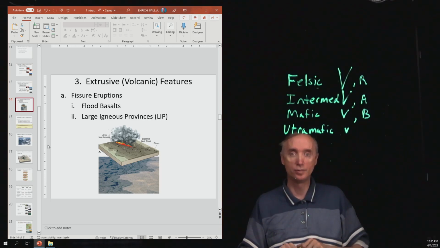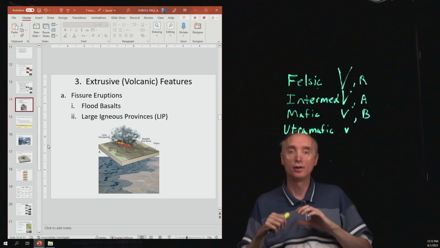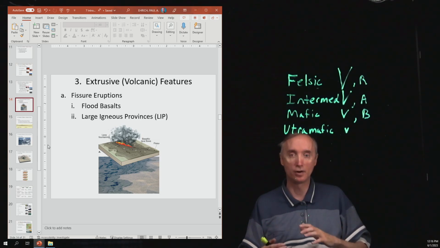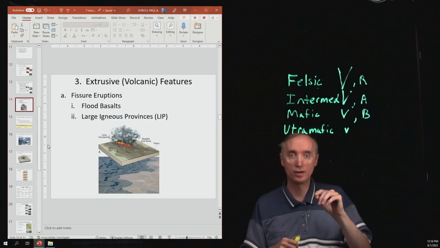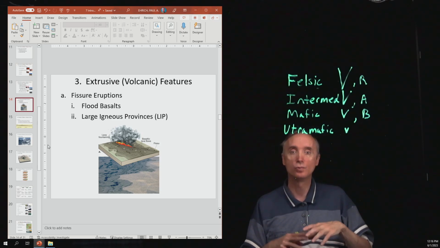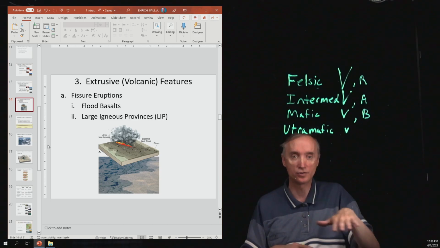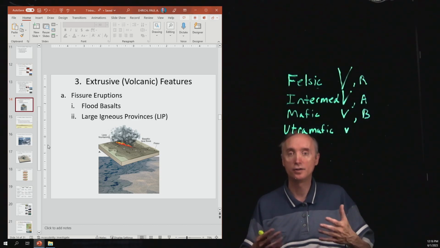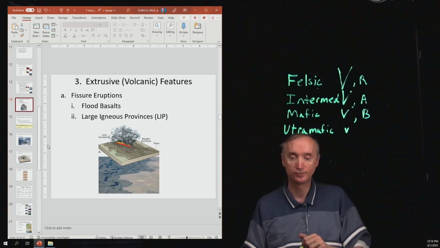And then very large flood basalts are referred to as large igneous provinces, or LIPs, which can cover hundreds of square kilometers.